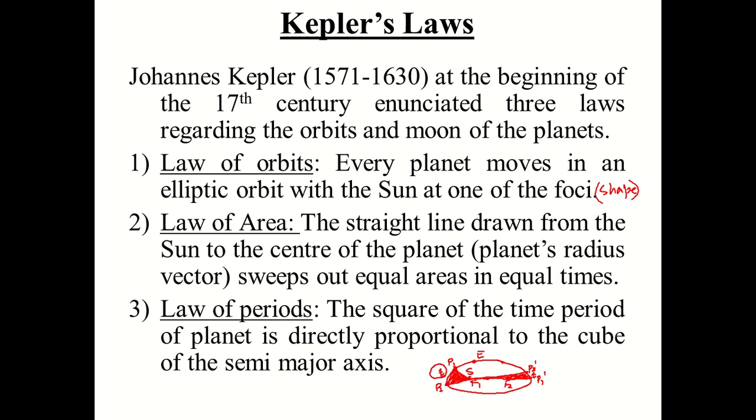That is the second law of Kepler's planetary motion, otherwise called the law of area. So in simple words we can say that the area swept out by the radius vector is the same in equal intervals of time.